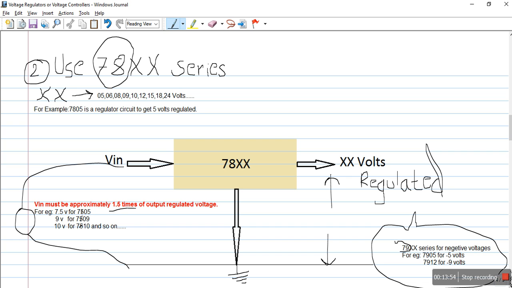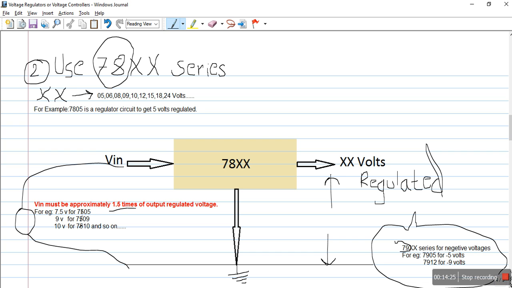If I give at least 15 volt at the input, my 7810 IC would work satisfactorily. If I give less than 15 volts, this IC won't work properly. You may not get regulated voltage of 10 volts.